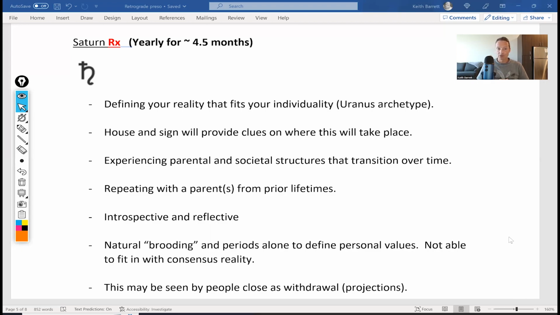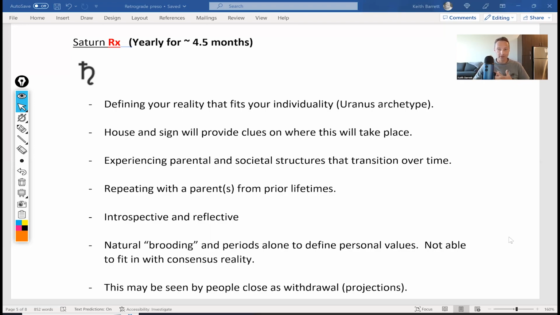Normally with a Saturn retrograde, because you're releasing yourself from structures, there's the potential to experience parental and societal structures that change over time. So maybe releasing yourself from the judgments or beliefs of your parents can be part of this. Releasing yourself from societal structures that you're part of.